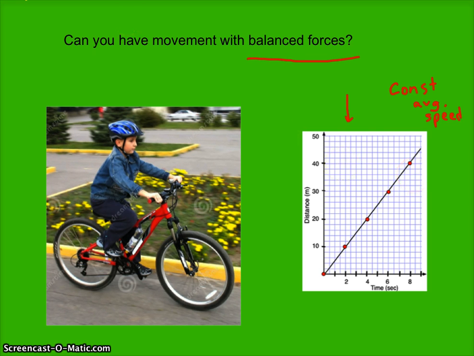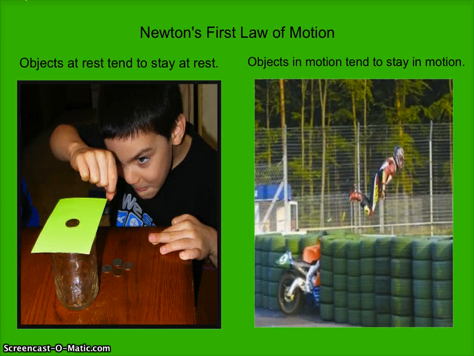And that brings us to Newton's first law of motion. We'll talk a little bit more about Isaac Newton later on, but here's his first law of motion. Objects at rest tend to stay at rest, and objects in motion tend to stay in motion. We're going to talk about how they are with balanced and unbalanced forces. Well, let's talk about the rule itself.